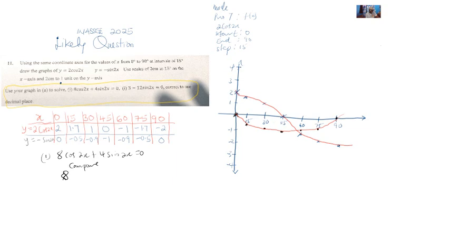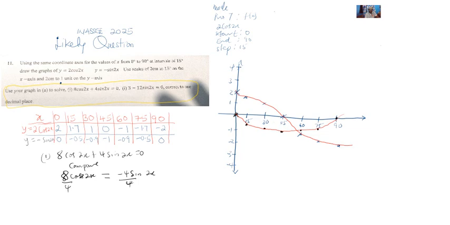So I will rewrite it as 8 cos 2x, then you send it to the other side, minus 4 sin 2x. So here divide both sides by 4. So divide by 4, divide by 4. So let's go to the top here.